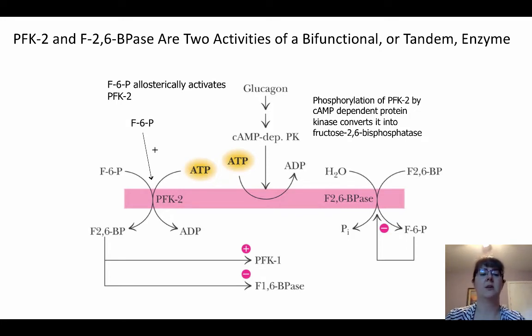So again, remembering that fructose 2,6 bisphosphate will activate glycolysis, but if we're in a low sugar environment, we likely want to stop breaking down the sugar that we have. So glucagon then will phosphorylate this enzyme, which will have it basically focused on saving the sugar that it's got.